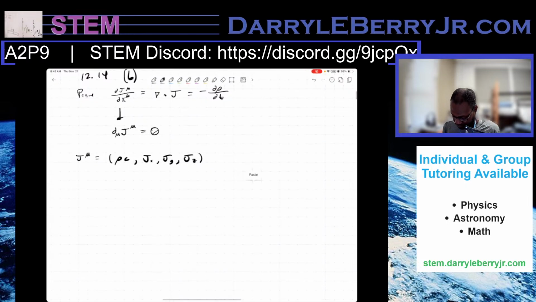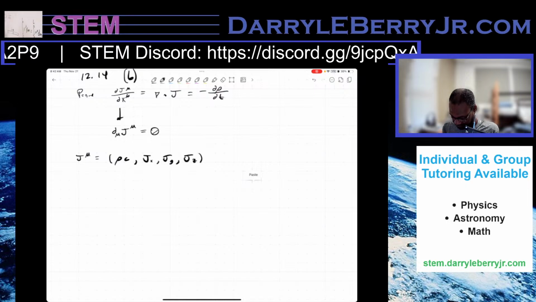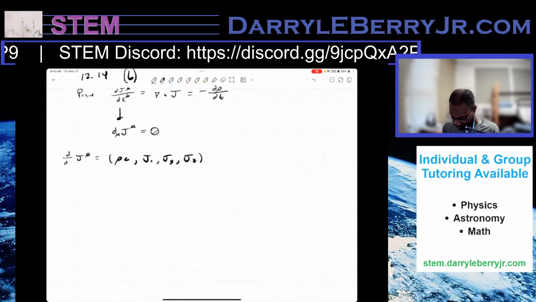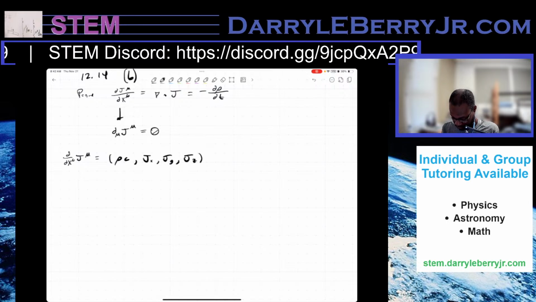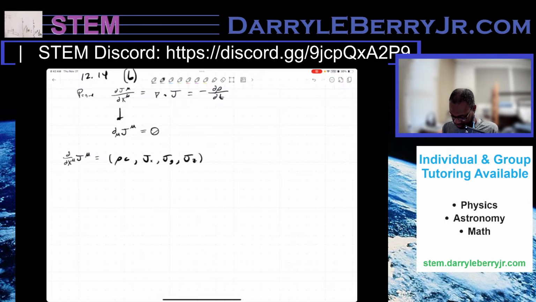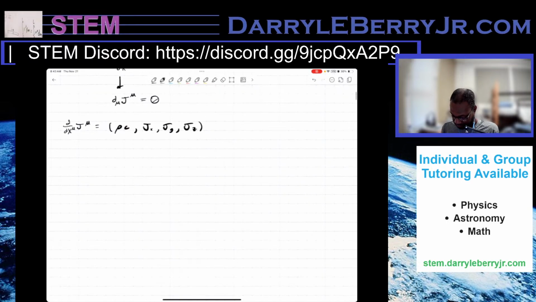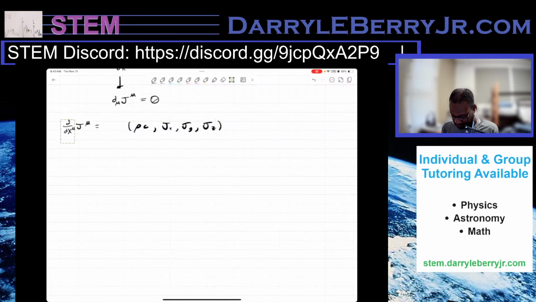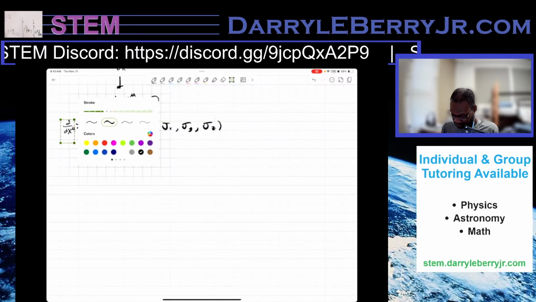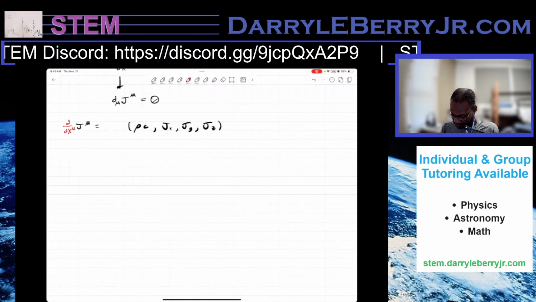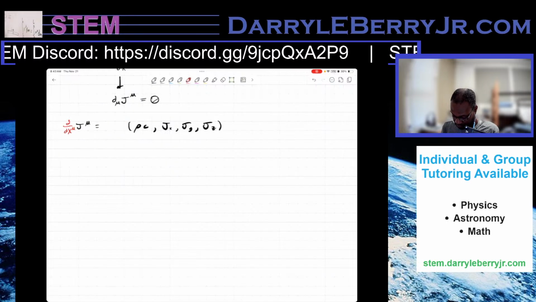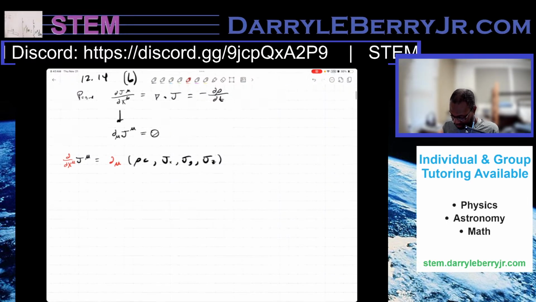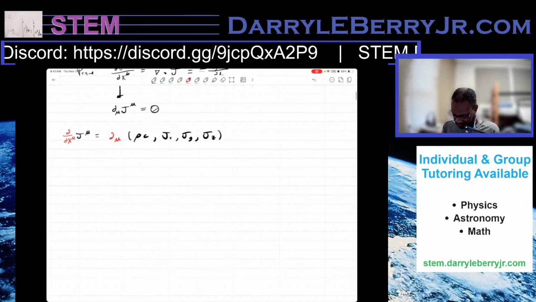So essentially all we have to do is take the partial derivative of each index, matching the indices with the respective term in the current. So should be easy enough.